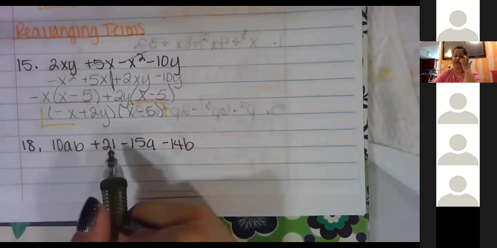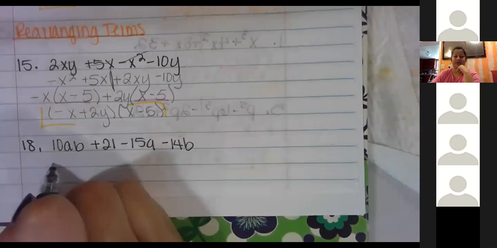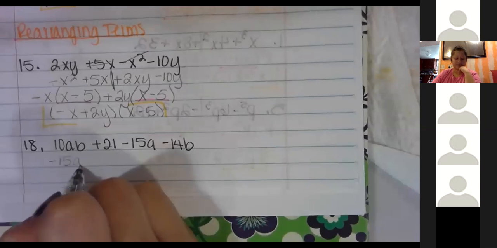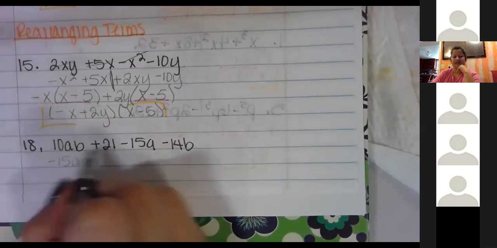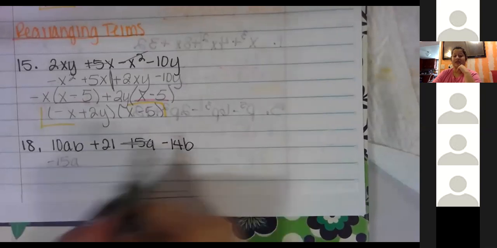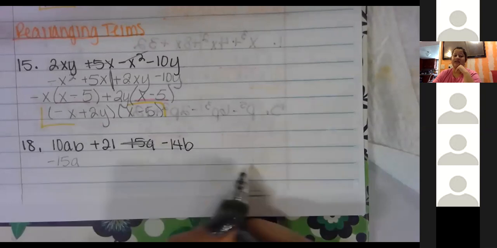All a's got to come first. So this one right here, I'm going to put this one first. Negative 15a. And then I'm going to put 10ab next, because this is just a b term. This has no term. Anything with no term in it is automatically at the very end.